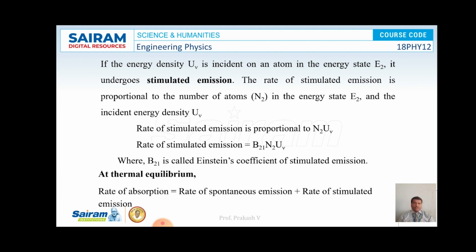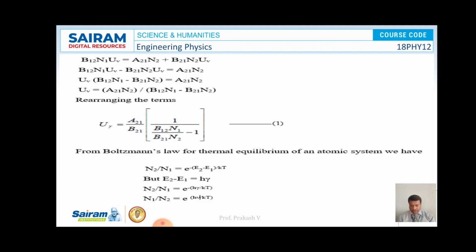At thermal equilibrium, it is observed that the rate of induced absorption is equal to the rate of spontaneous emission plus the rate of stimulated emission. So we can write the rate of induced absorption B12 N1 U mu equal to the rate of spontaneous emission A21 N2 plus the rate of stimulated emission B21 N2 U mu.